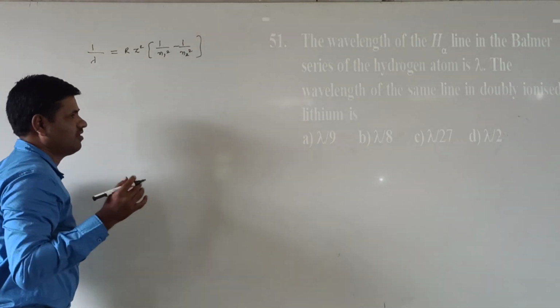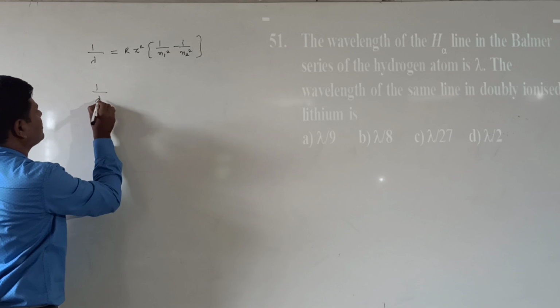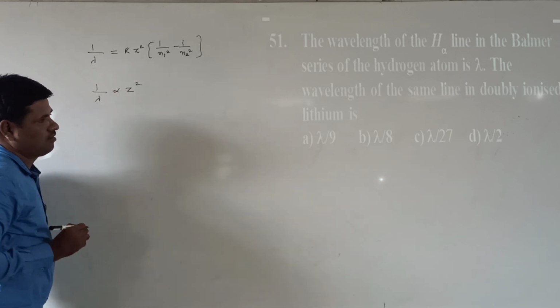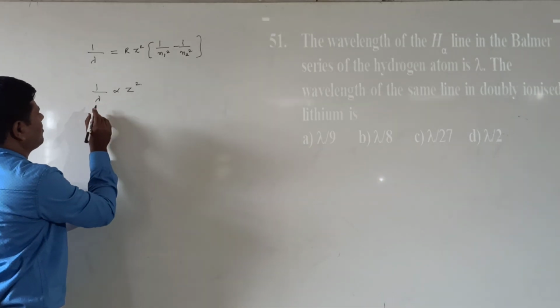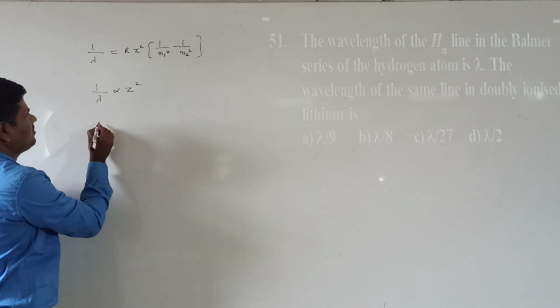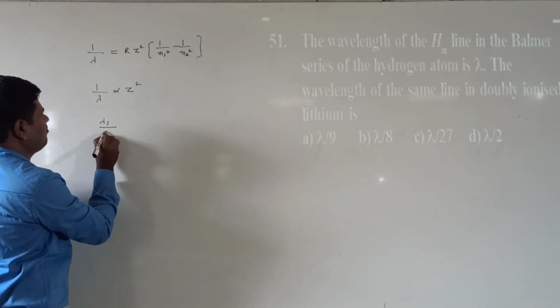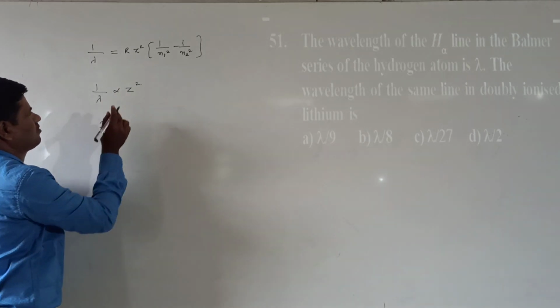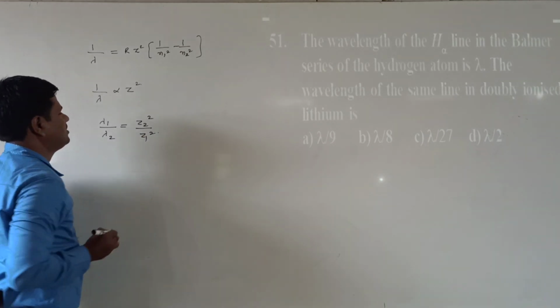Same line means n1 and n2 are the same, so 1 by lambda is directly proportional to Z square. So lambda 1 by lambda 2 is equal to Z2 square by Z1 square.